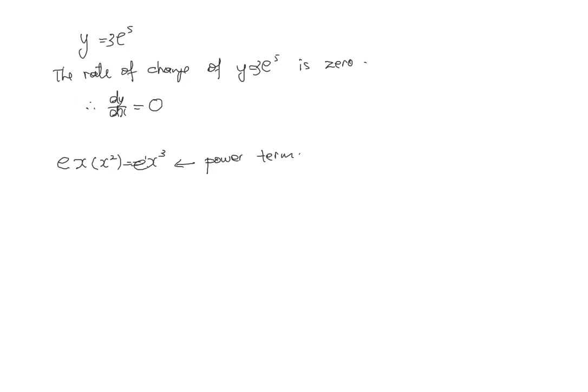Hello? So e to the power of square root of x. Is this a power term or exponential term? Exponential. So what is the derivative for this one? We copy down the whole thing, correct? Then next, what to do?